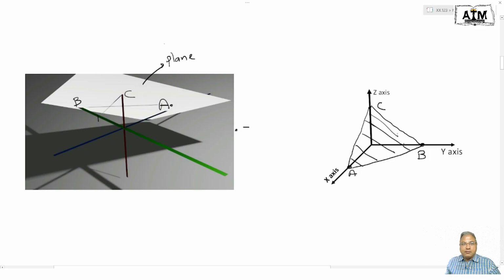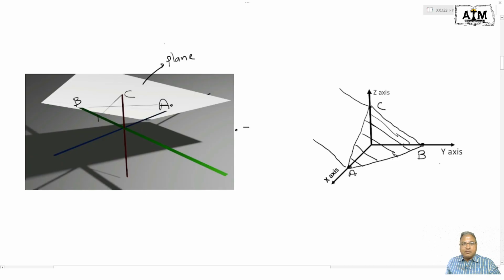Here in the 3D diagram, I have shown it by the white color, cutting at the points A, B, C. I just joined the A, B, C points here. So I got a plane. One more important point: you can extend the length of the plane infinitely.